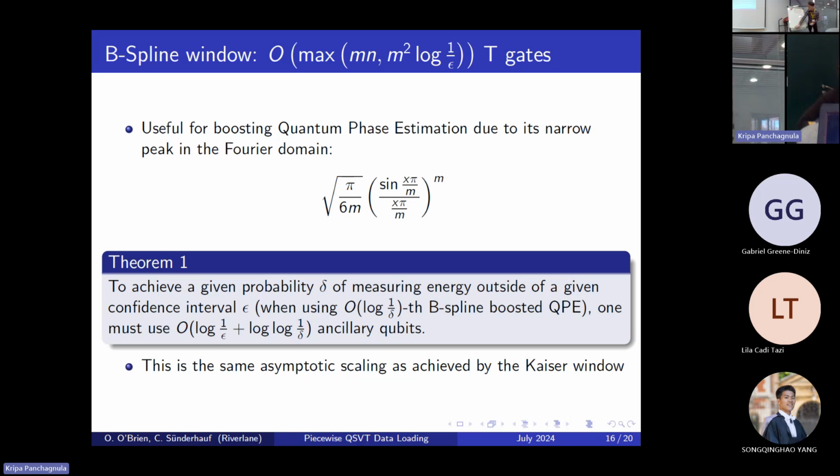But there's a nice trick whereby instead of initializing my state up here as Hadamards, if I initialize it with some w of x, then here instead of 1 over square root of N, I have w of x. And then when I do quantum Fourier transform with this, this is something multiplied by a phase.